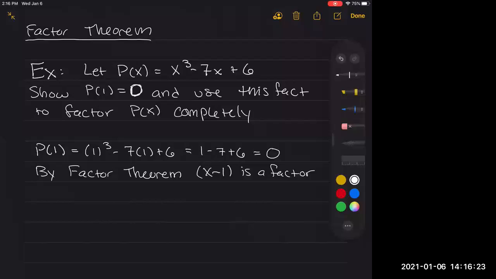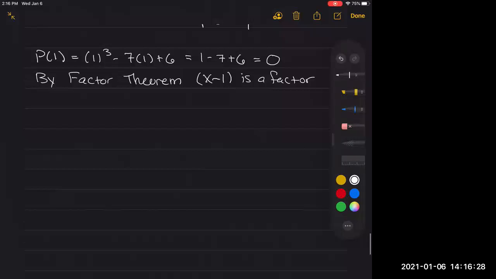All right, so now we're going to divide it out, and I'm going to do it both ways. First with long division and then with synthetic, so you guys get another example of how to do both.